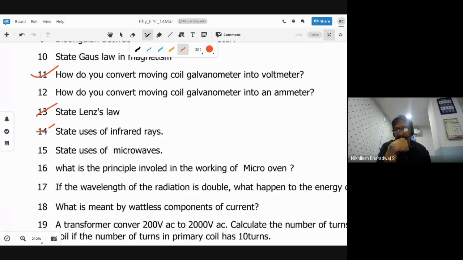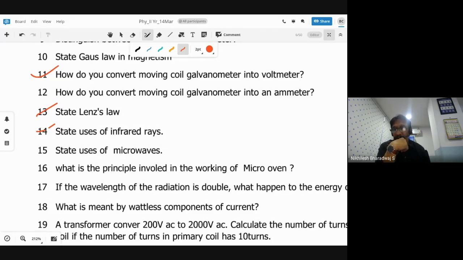Thermal imaging cameras, night vision cameras. You can write it can be used in remote controls. It can be used in thermal imaging cameras, nothing but night vision cameras, and also fiber optics. Write 2. One is in remote controls, what we use daily.